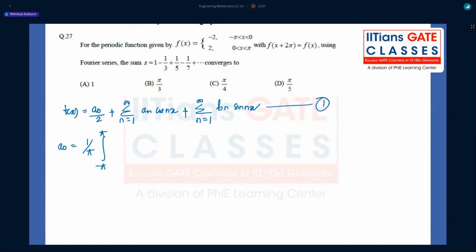Let's try to find out a n. 1 upon pi, integration minus pi to plus pi, f of x cos of nx dx is the formula for calculating the a n value.